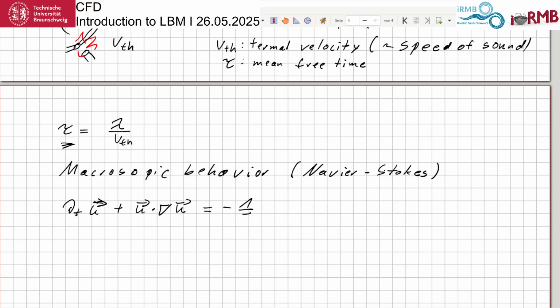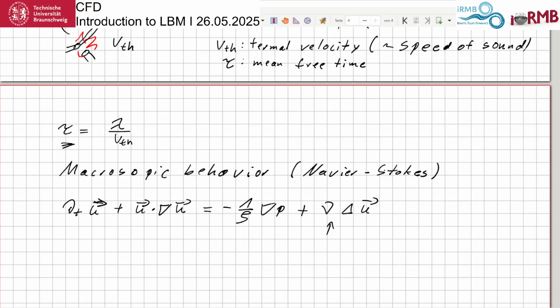Here we have minus rho, and then there's something, the density, that's dropping out, and here you get this kinematic viscosity and the diffusion term for the velocity.